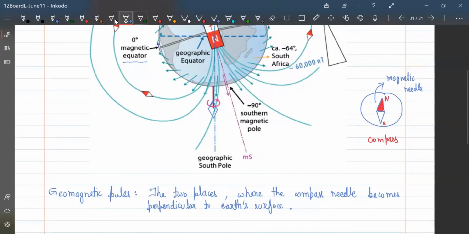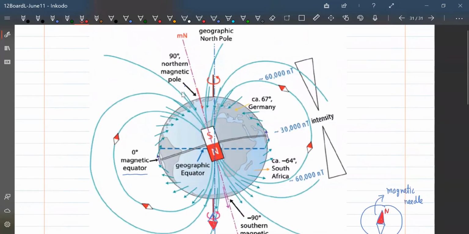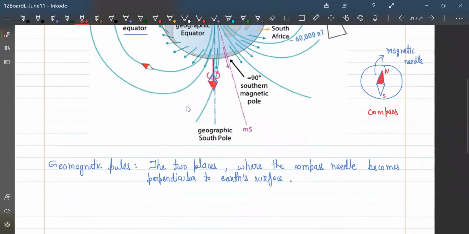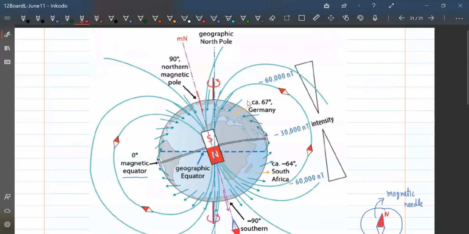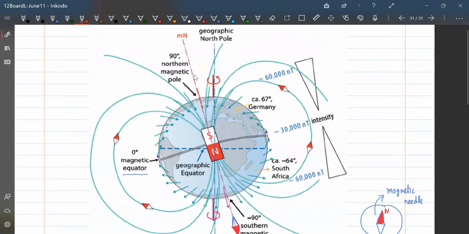The red will show away. And on the northern magnetic pole, it will be showing towards the magnetic.